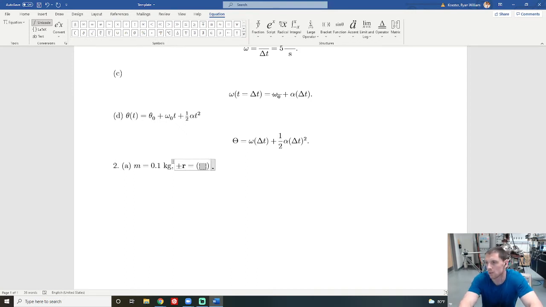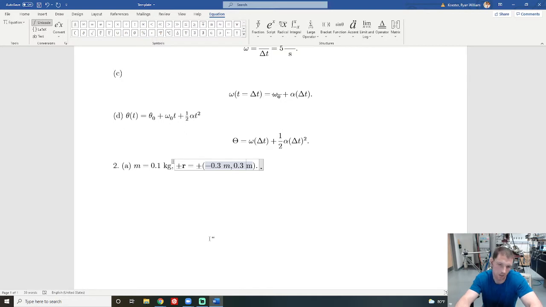And this is going to be plus or minus out in front, 0.3 meters, sorry, negative 0.3 meters, and then 0.3 meters, like this.